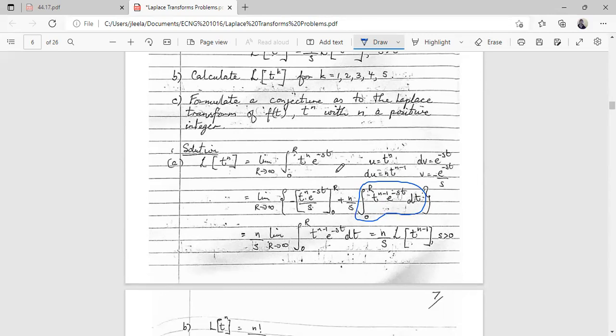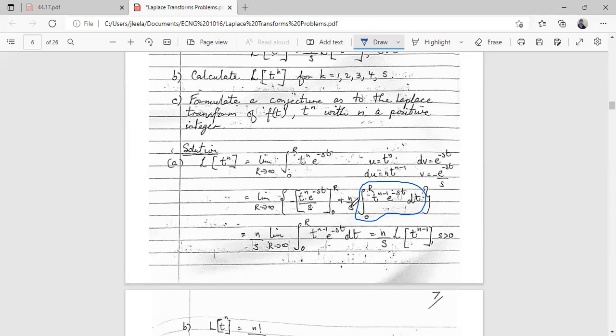This part on the right is the definition, just like t^n e^(-st), but instead of t^n, you have t^(n-1). So this is the Laplace of t^(n-1), and you have n over s on the outside.